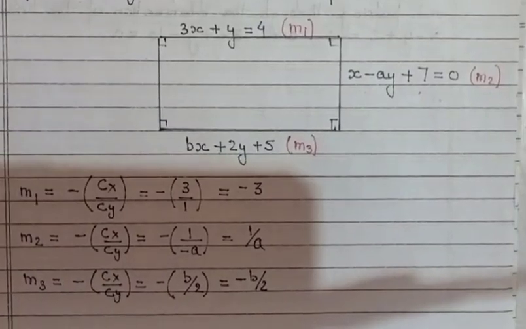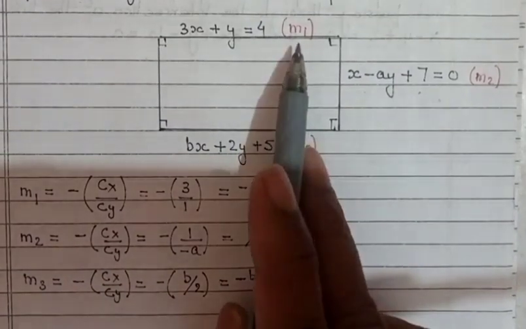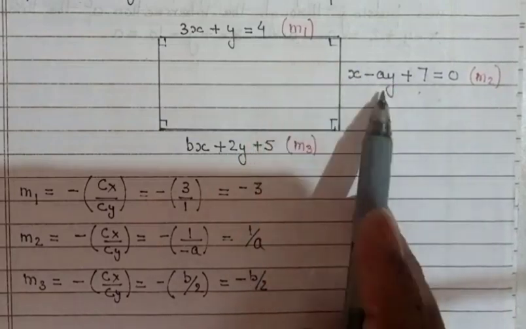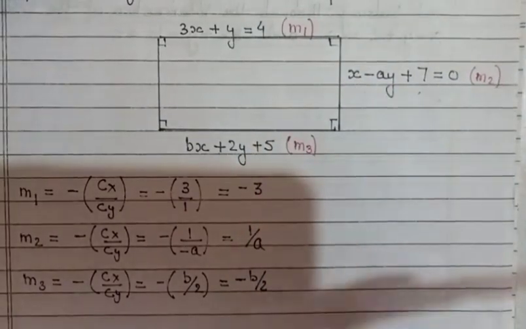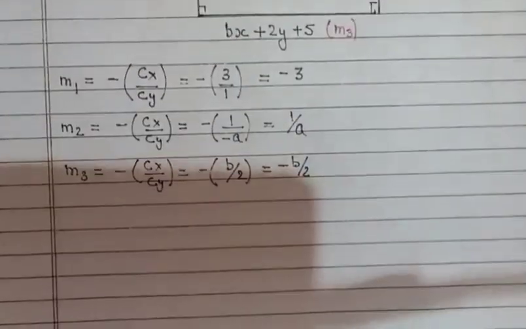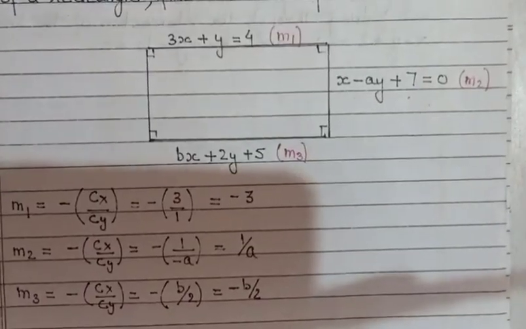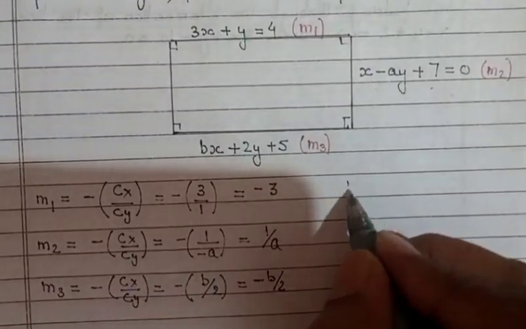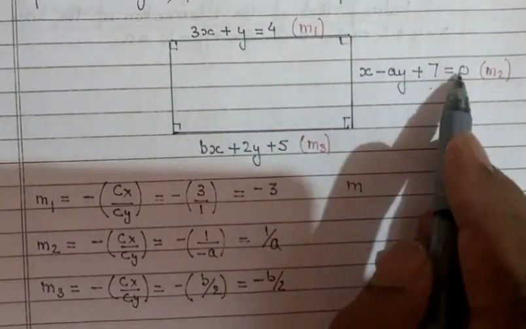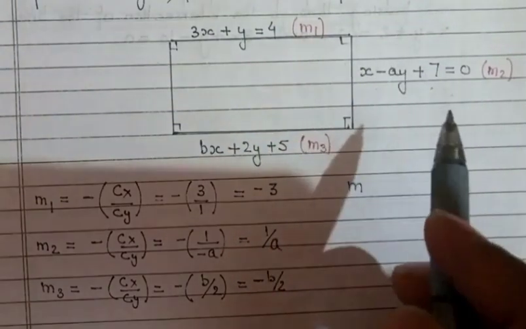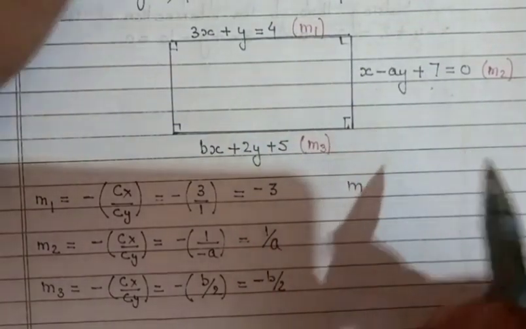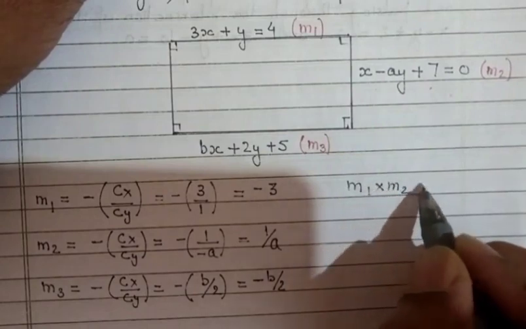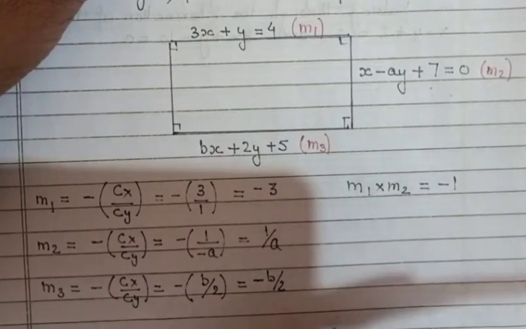Now as you can see in the diagram, m1 and m2 are the slopes of two perpendicular lines. So what will be the relation between these two? So the relation between them will be m1 into m2 is equal to minus 1.